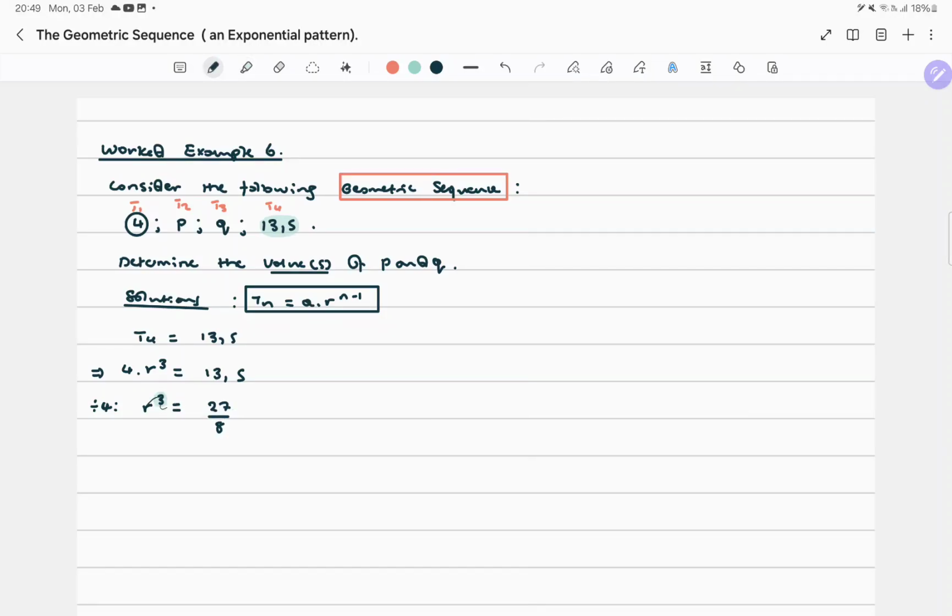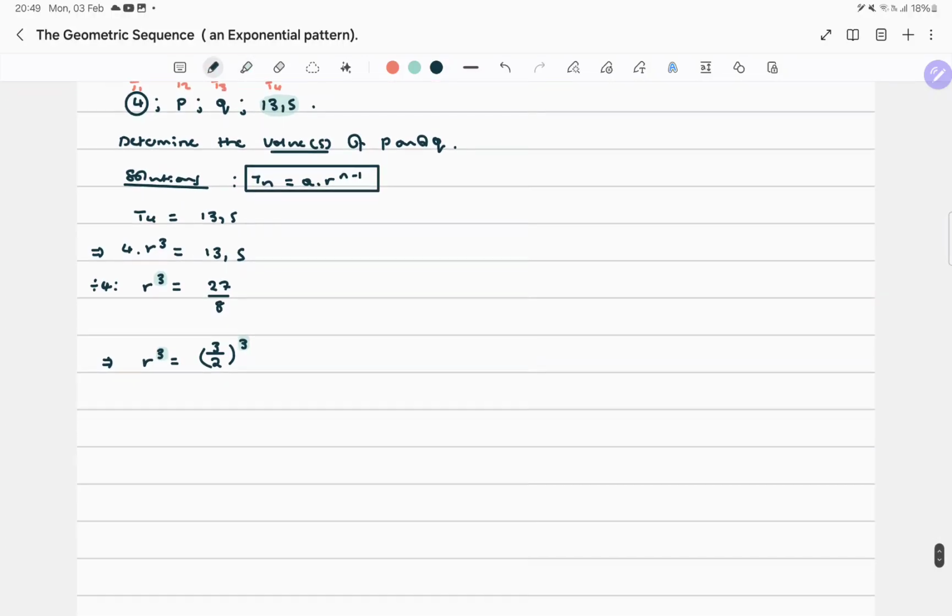Can we express 27 over 8 as some base to the exponent 3? The answer is yes. That can be done, because we know this is 3 over 2 cubed. Once the exponents are the same, we know that the base should be 3 over 2. Nice and easy.